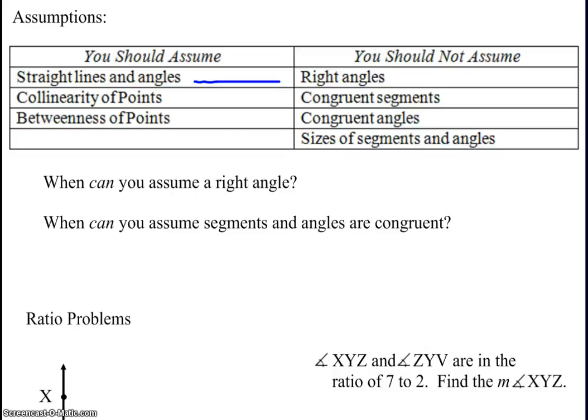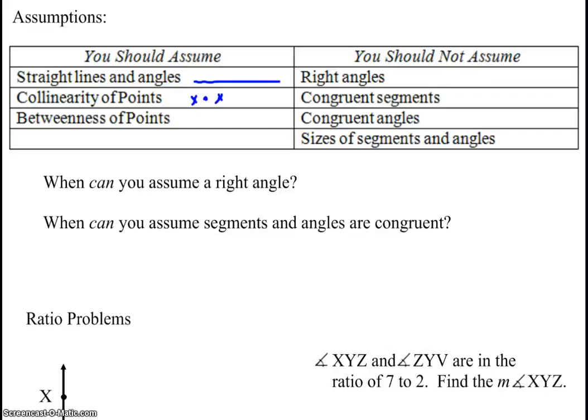You can assume that. Collinearity of points: if I have a picture that looks like that, I'm not the best drawer, but you can assume that those are collinear with each other. I'm trying to draw them collinear. Betweenness of points: you can assume that this point is between these other two here.